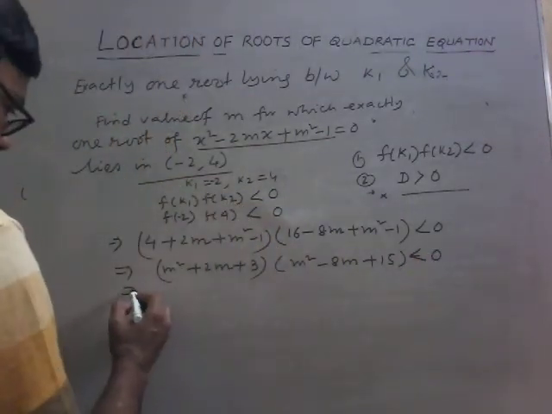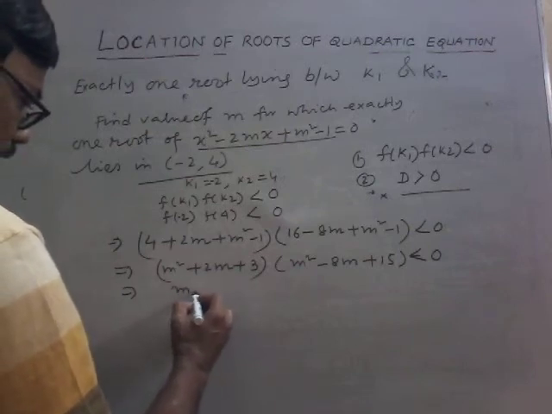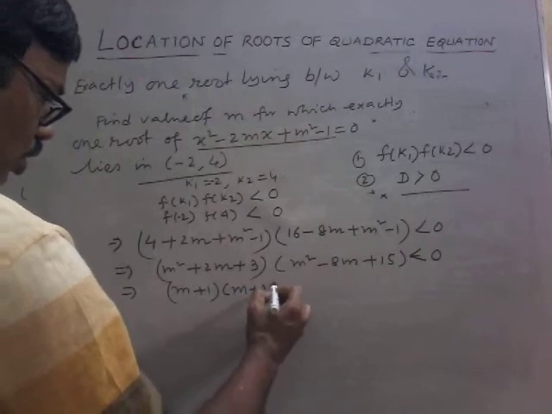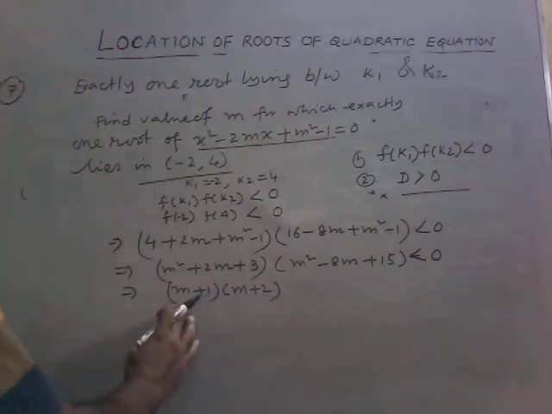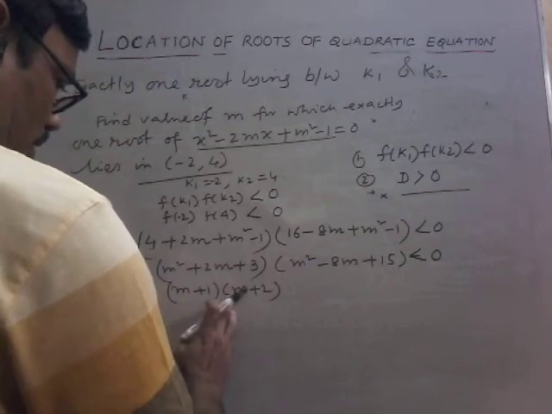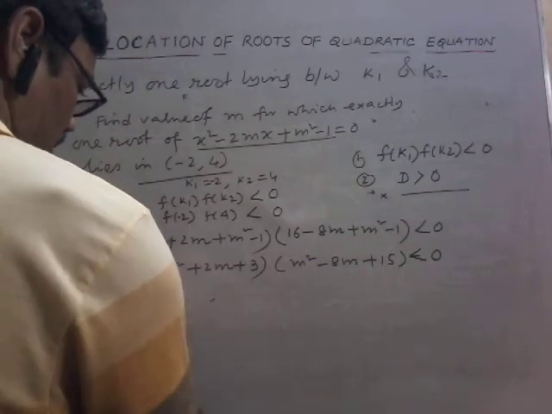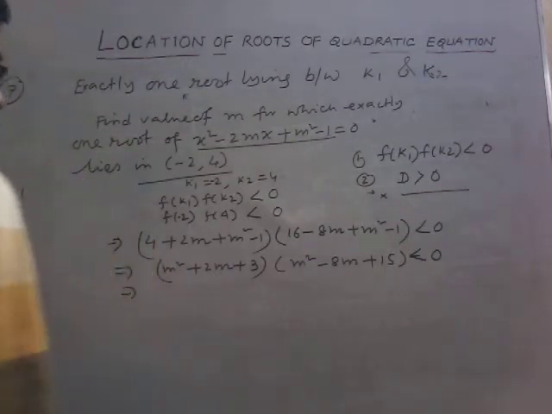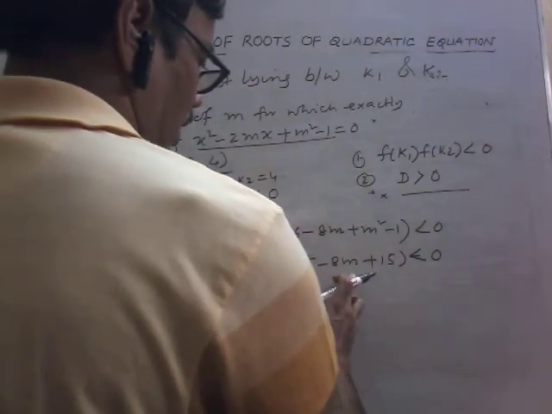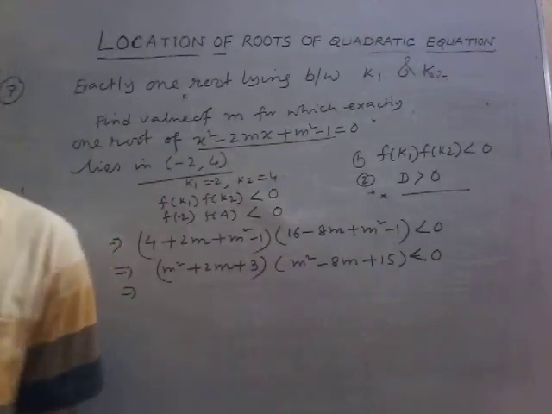So if we simplify, m square plus 2m plus 3, and m square minus 8m plus 15.